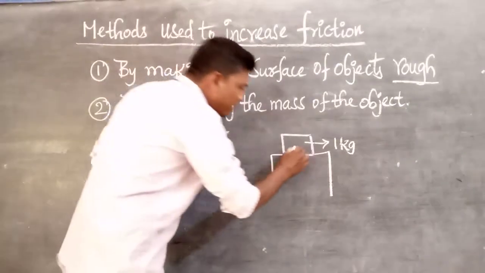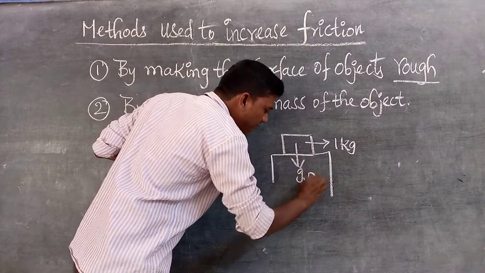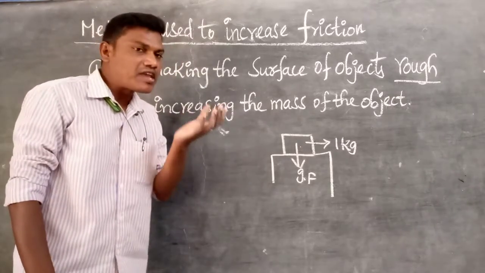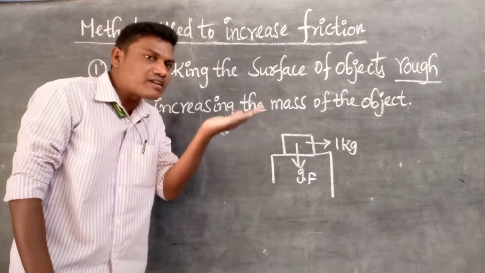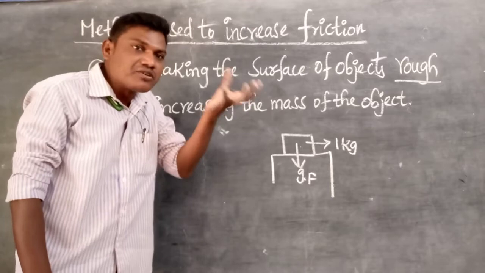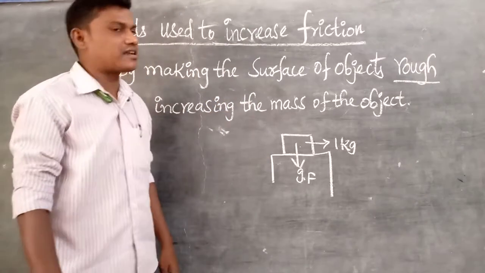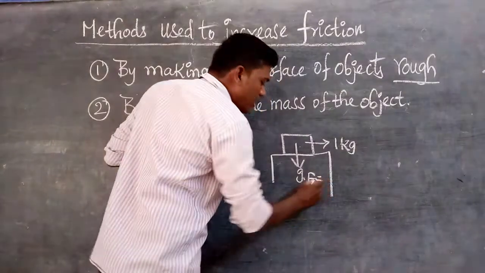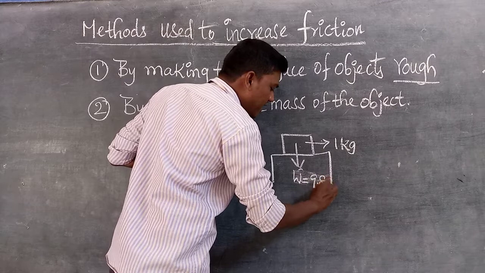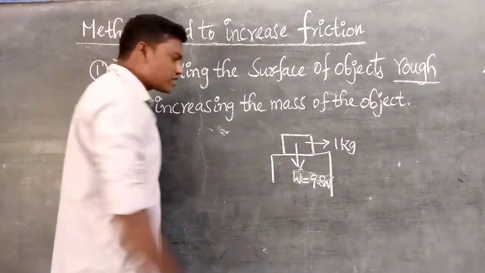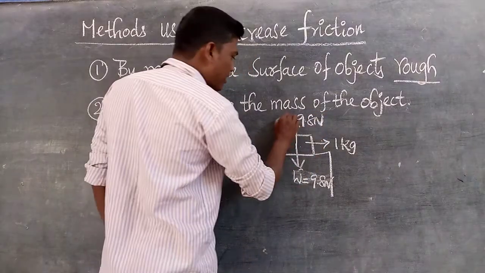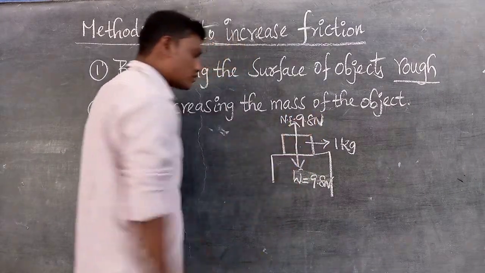How much gravitational force is acting on the brick? As Newton found, when you hold a 1 kilogram mass in your palm, you feel 9.8 newton of force acting by the earth's gravity. So on 1 kg mass, the gravitational force is 9.8 newton. The same amount of force also acts vertically upward. This is called normal force.